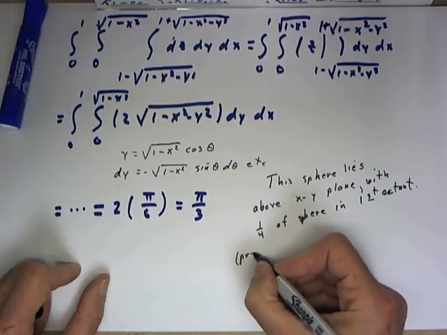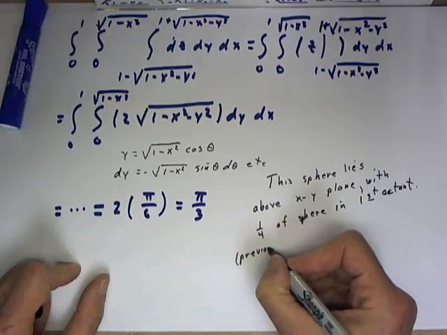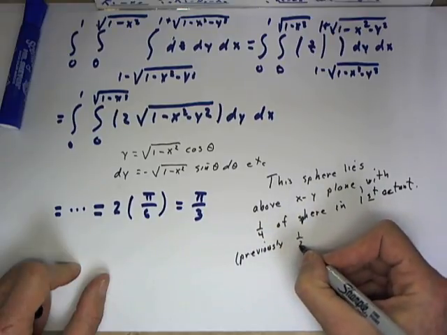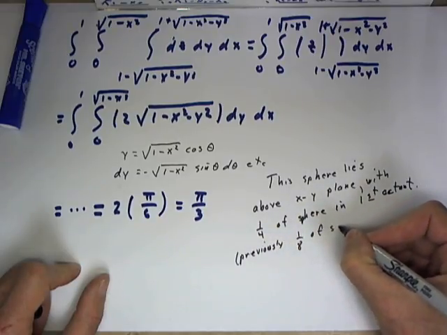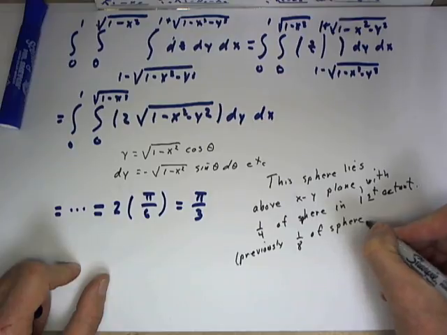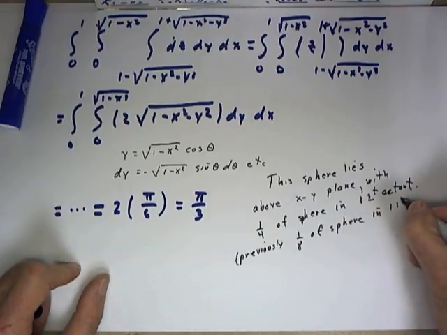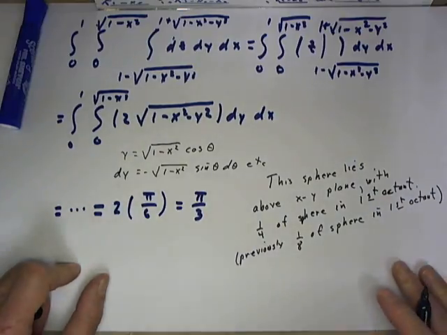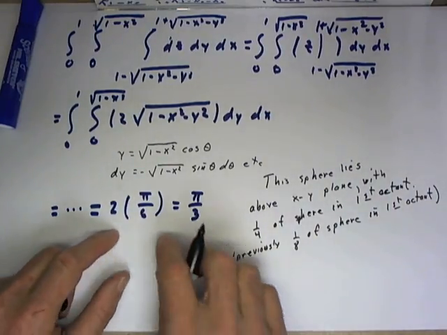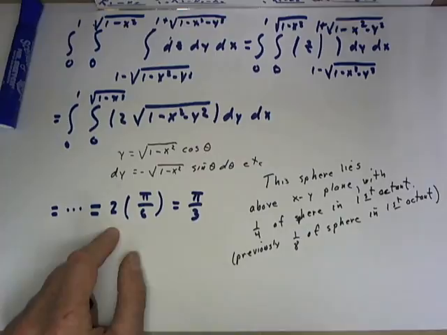In the previous example, 1/8 of that sphere was in the first octant. So that we have twice as much volume in this case.